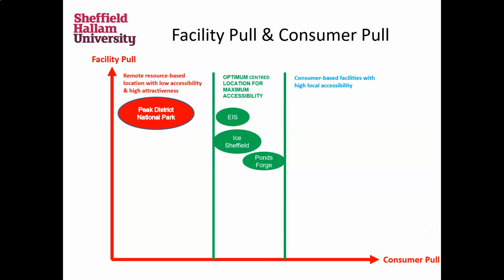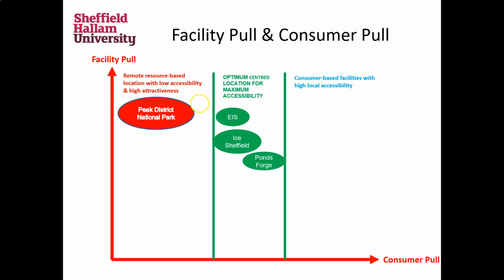They can get into the city off the M1 junction at Meadowhall and get to the EIS pretty quickly. And also within Sheffield, it's well connected through the road network and the public transport network, including buses and the tram system.